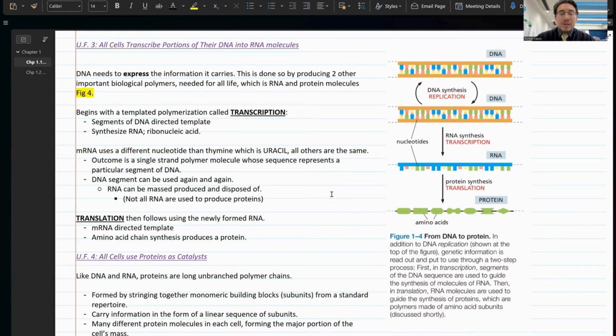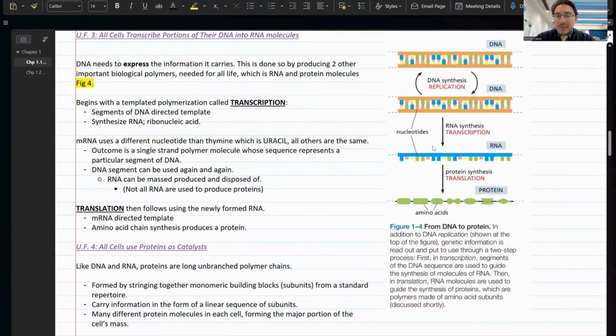The whole general process in which you're expressing the information of DNA occurs through a couple of steps. We've talked about DNA synthesis and replication, but having a particular section of DNA, basically the gene, you have something called transcription, which is RNA synthesis, and then using RNA as a template, you have protein synthesis, which is called translation.